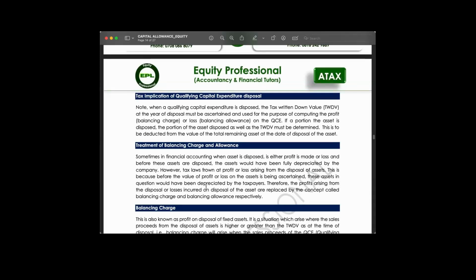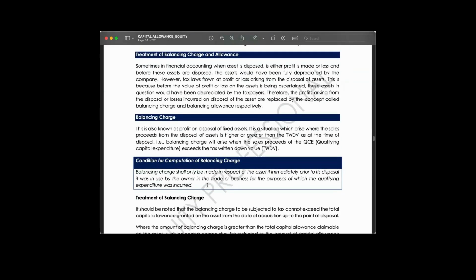We go again. For balancing charge, the tax law says that balancing charge cannot be more than the total allowance claimed on the assets. I am saying, for example, when you have your sales proceed and you have total allowance claimed on the assets, let's say sales proceed is 5,000, tax nominal value is 500, you have 4,500. Let's say the cost price of the asset is 2,000 naira.